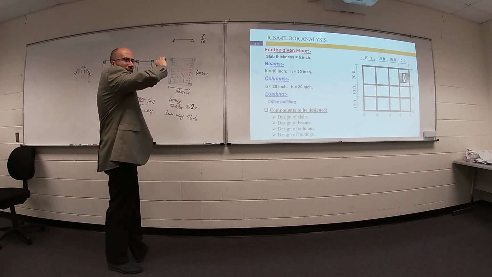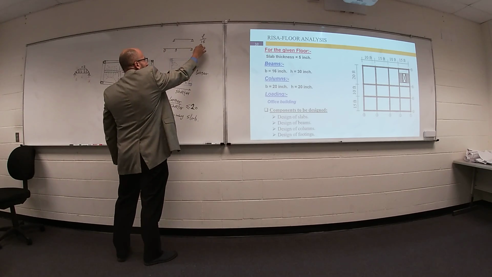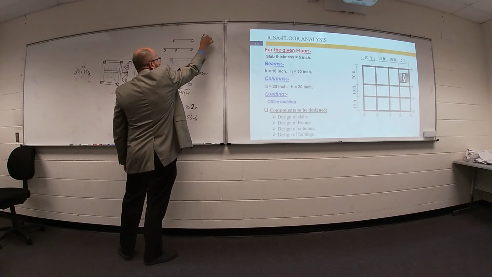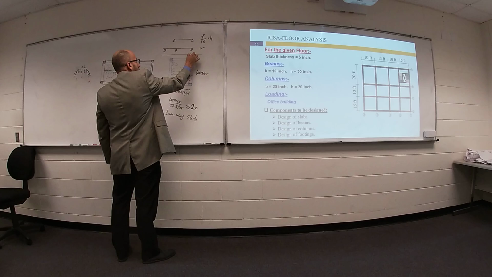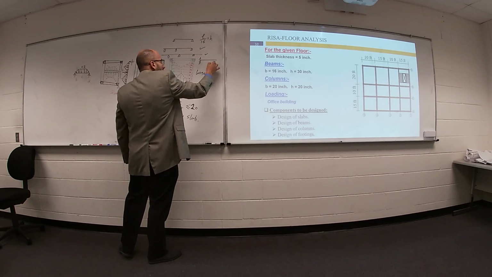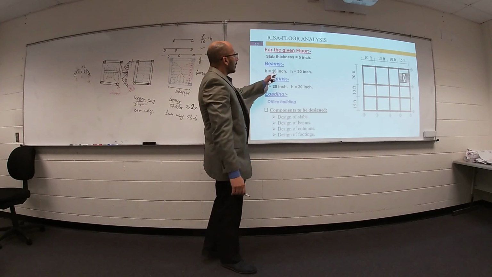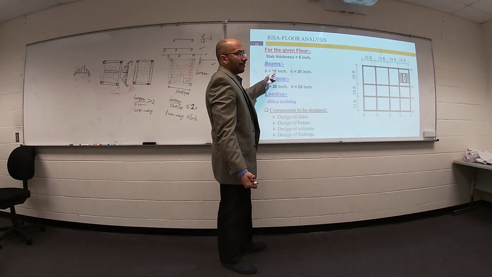Do you remember? If your beam is continuous from one side, you have another thickness. I'm talking about H for your beam. If your beam is continuous from both sides, we have another value. If your beam is a cantilever beam, we have a different value. So I can predict before any design what is the cross-section dimension of the beam.